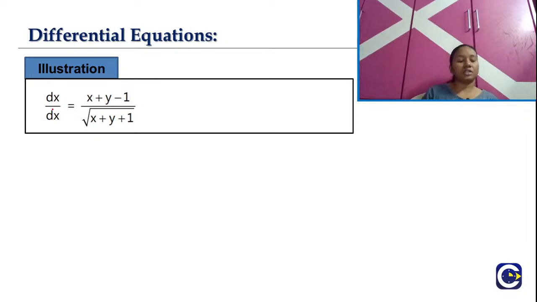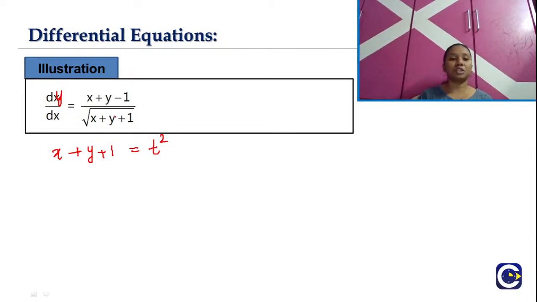Here we have a differential equation dy by dx equal to x plus y minus 1 divided by root over x plus y plus 1. As I have a square root expression here, in order to eliminate it, I will assume this x plus y plus 1 to be t square.